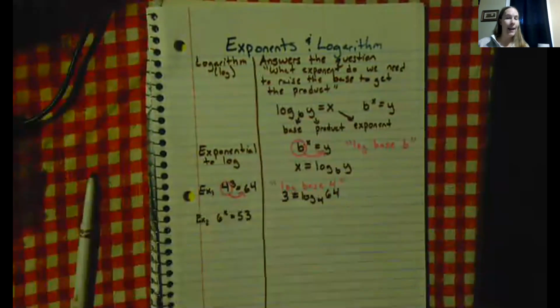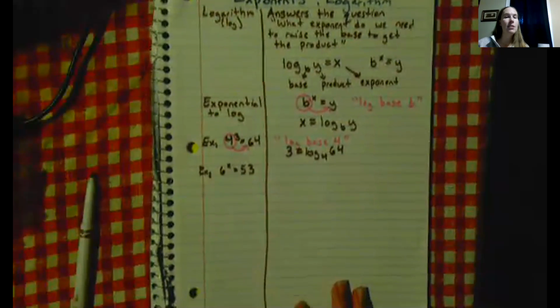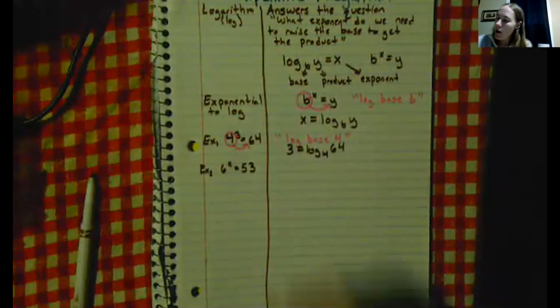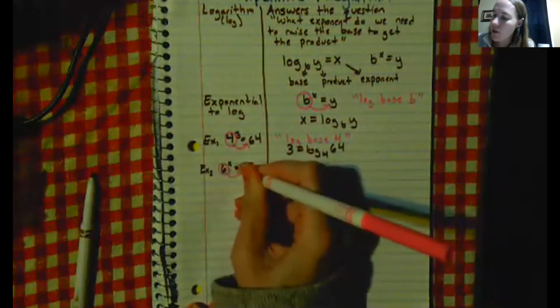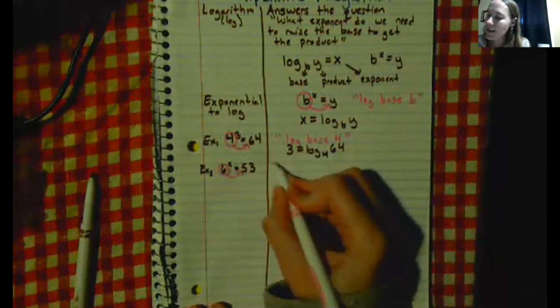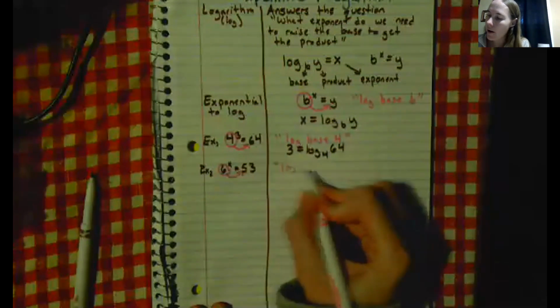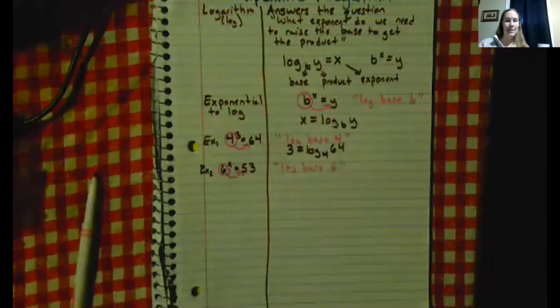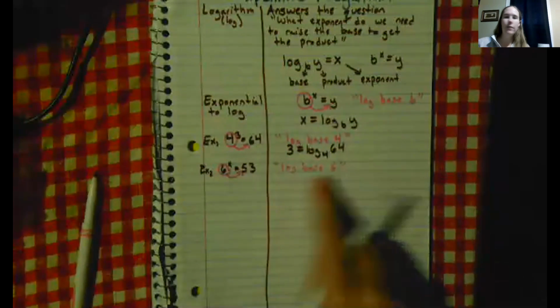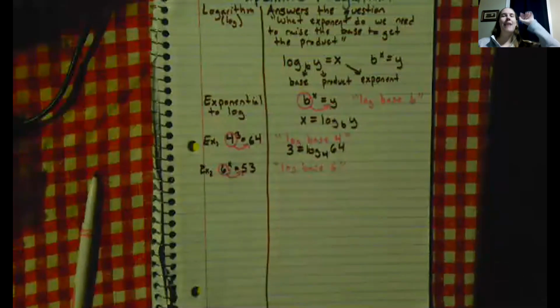We don't know what this x is, but that's totally fine because we still do the same process. So I'm going to circle my base and I'm going to move it to the other side. So I like to say to myself again, I'll have log base 6 because 6 is my base. You don't have to put this if you don't want. I just like to put it because it helps me remember what I'm doing.